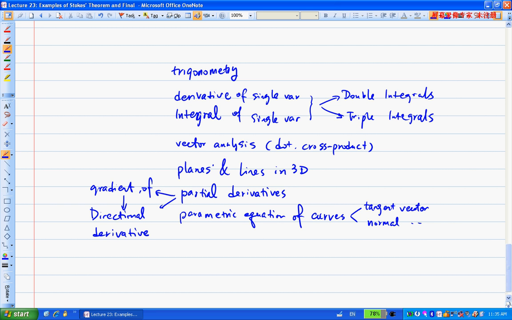And we also have applications. What are the applications? For example, calculating the mass, calculating the moment of inertia, calculating the center of mass. Those are the applications of the double integral and the triple integral.